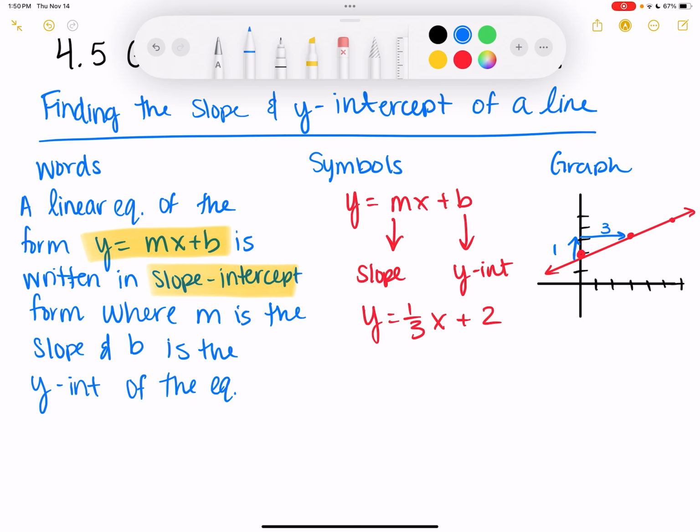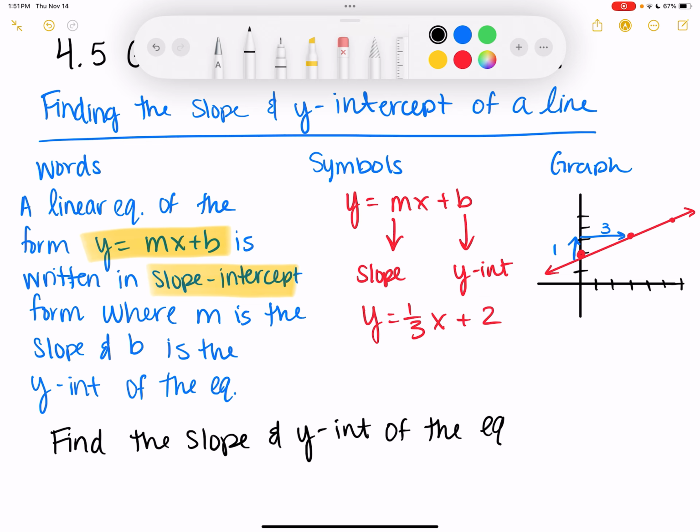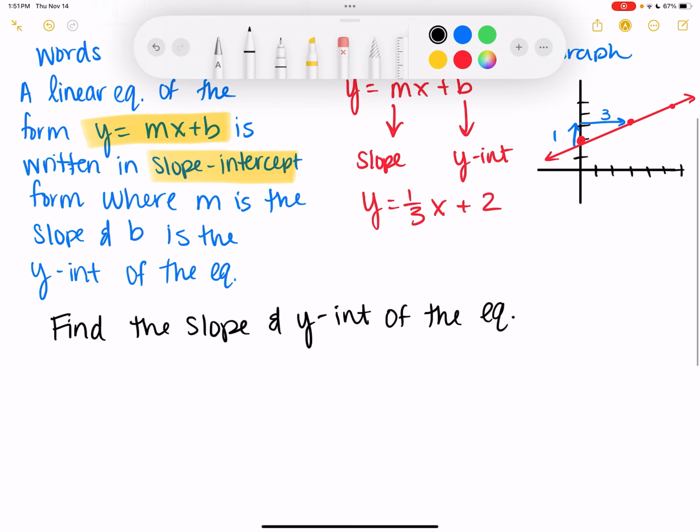So if you had something, these ones aren't going to be graphing, but if it just says to find the slope and y-intercept of the equation, it could give me something like this.